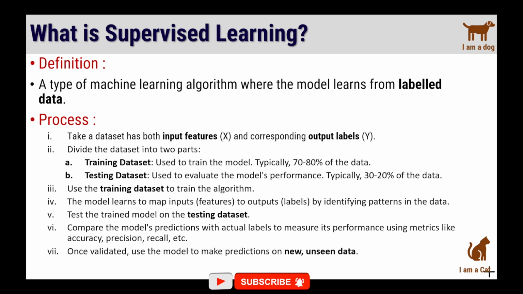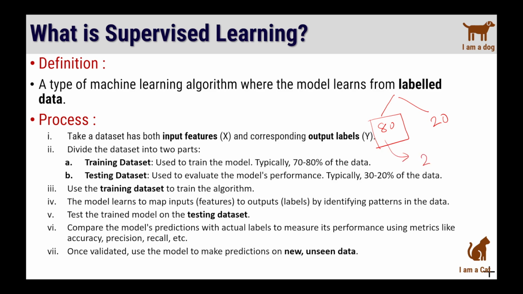In short, we divided the data into two parts, 80 and 20. The model is trained on this 80% of the data, and we predicted some values. This 20 predicted values, and we have 20 actual values.